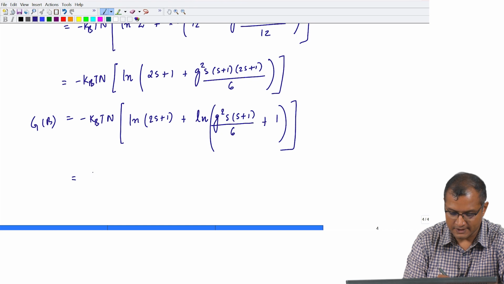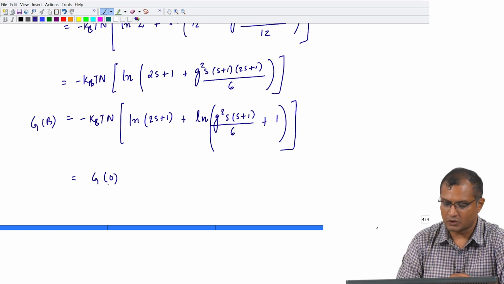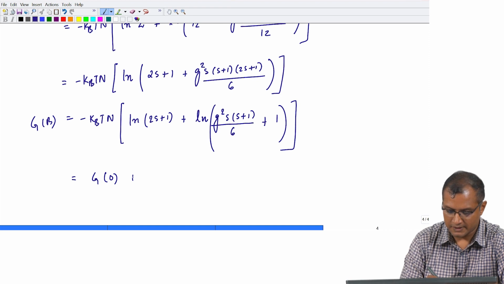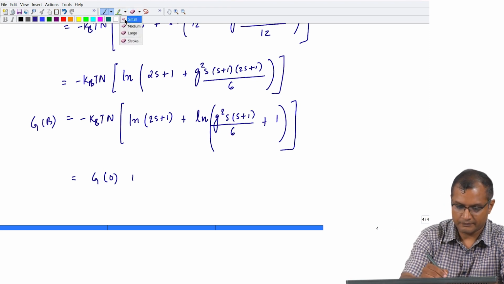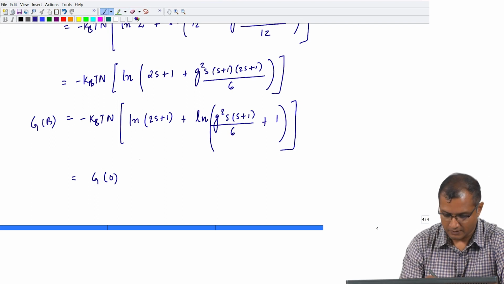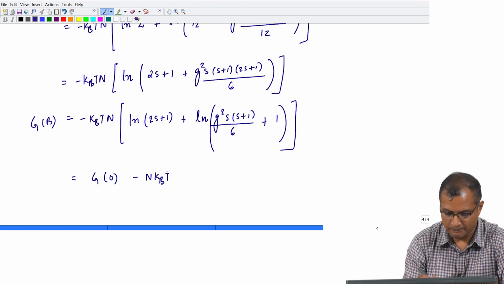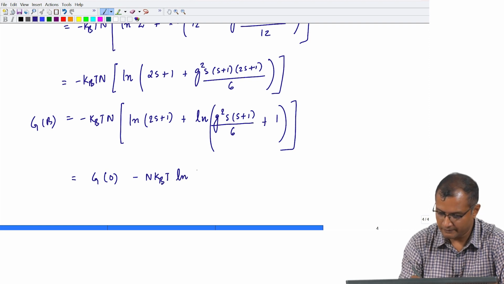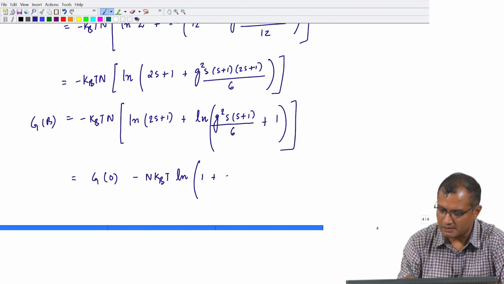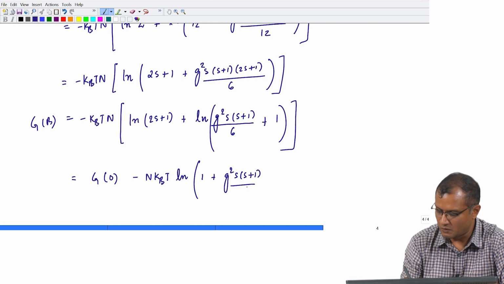So, I am going to call this G at 0 magnetic field, without magnetic field, plus or minus n kBT ln of 1 plus g square S into S plus 1 over 6.